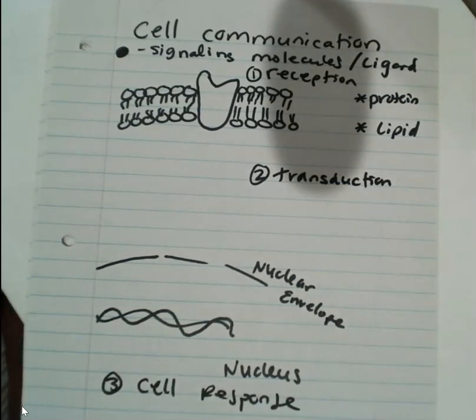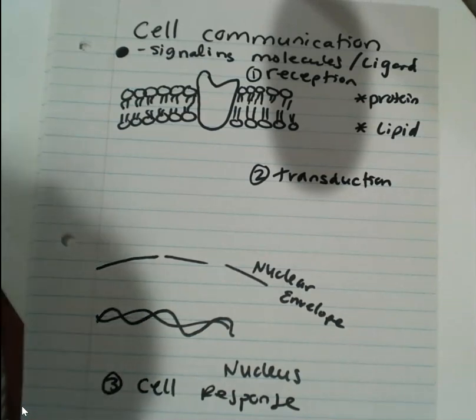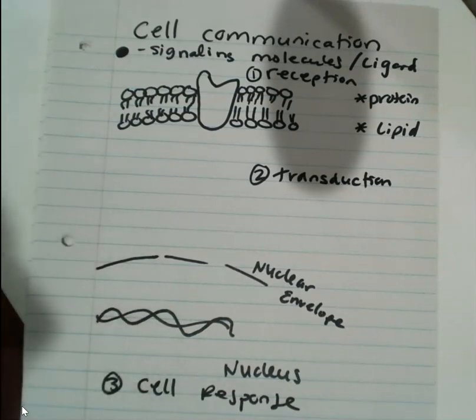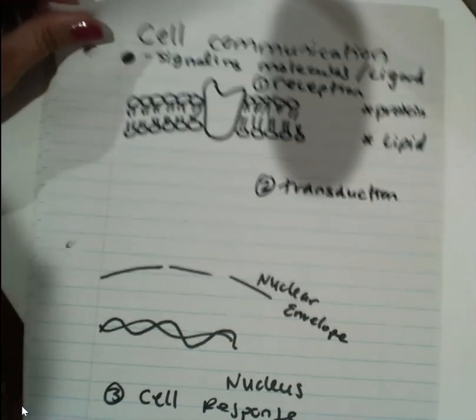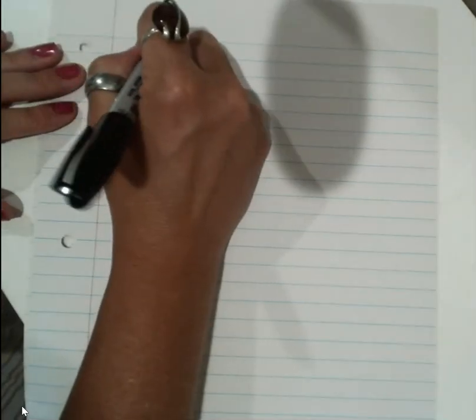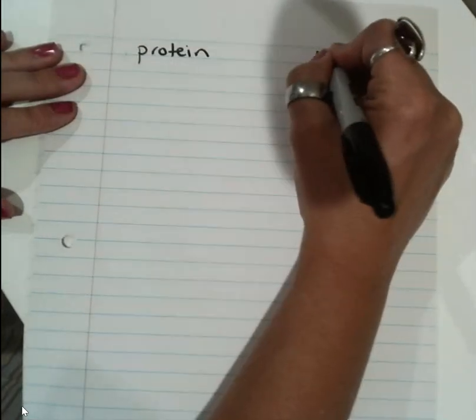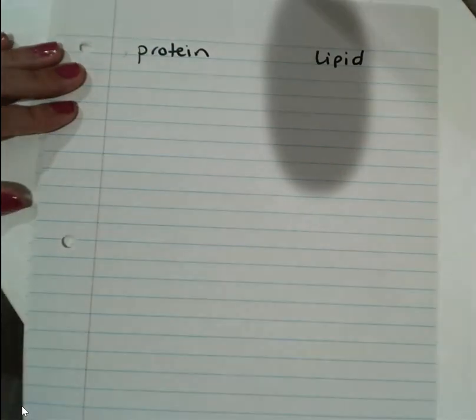Now, when we look at our signaling molecules and our ligand, let's talk first about these signaling molecules. Our 2 categories, as I said, are protein-based versus lipid-based ligand.